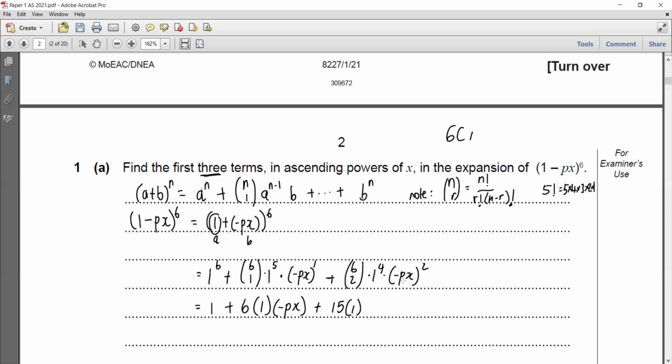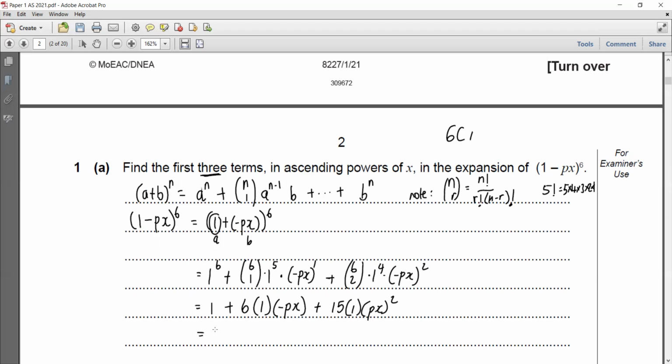Whenever you square a negative, the answer is positive. So this will be (px) squared, and the negative is gone, because if I have negative 1 times negative 1, the answer is positive. So negative 1 squared is the same as positive 1 squared. That's why the negative is not there.